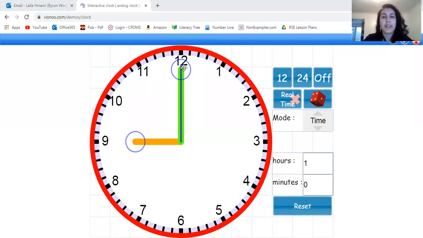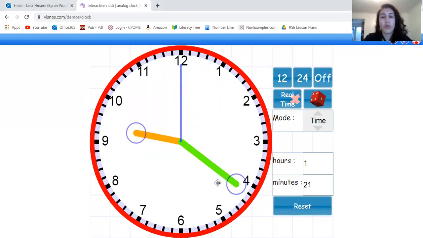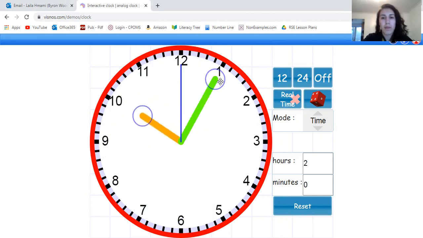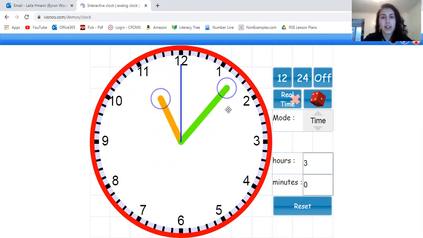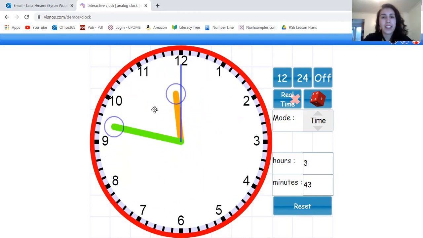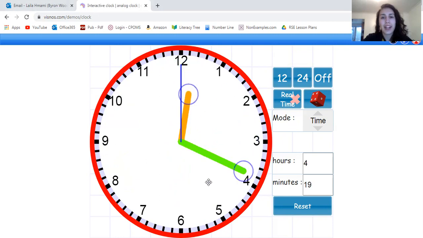Hopefully you can see now as I move it, this is more what a regular clock would look like. It's been very difficult using the clock on the flip charts, because when I move the minute hand, the hour hand does not move.